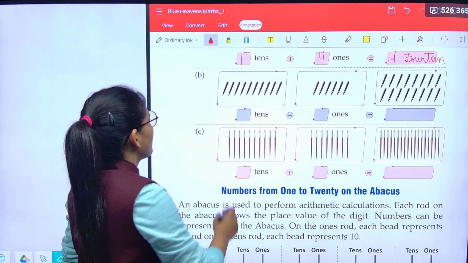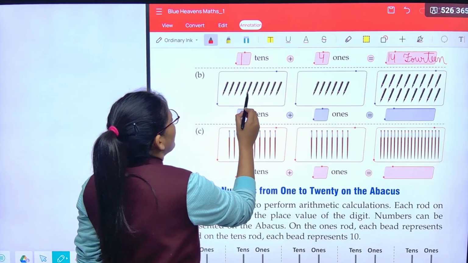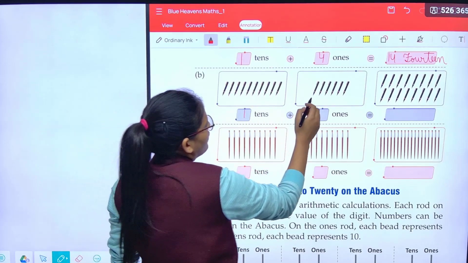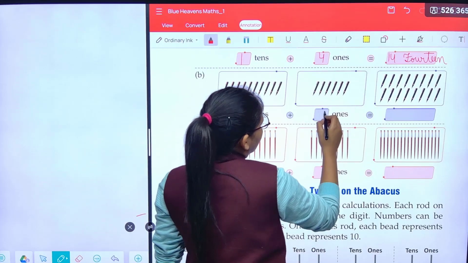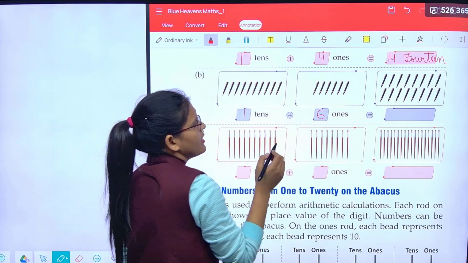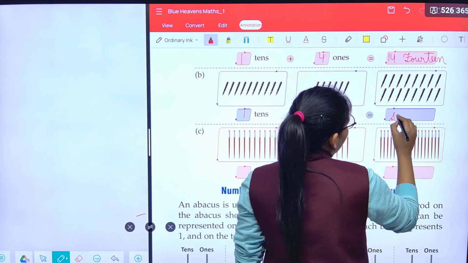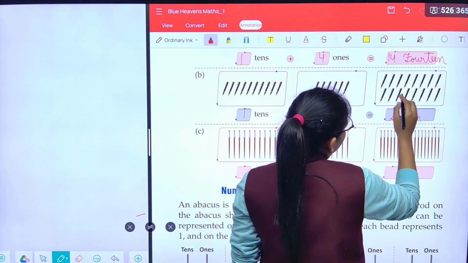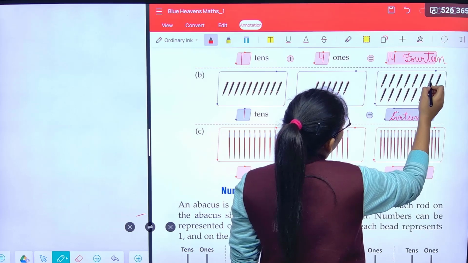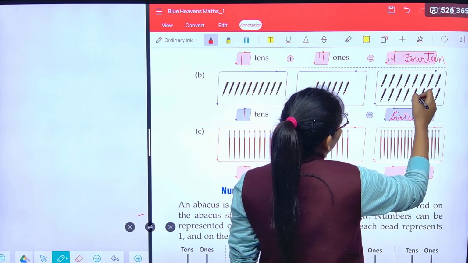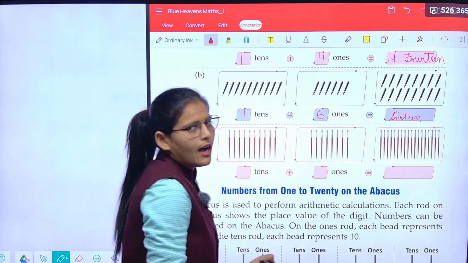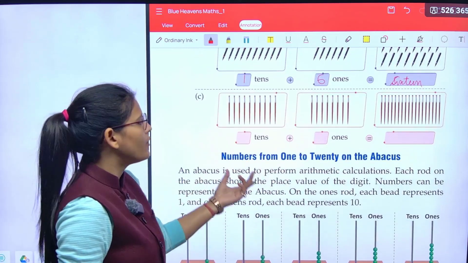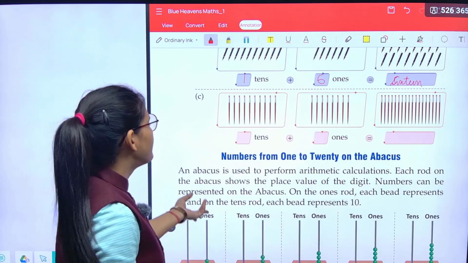Now see, 1 tens, 6 ones, it is 16. S-I-X-T-E-E-N, 16. Understand? Class, you can count them. Okay. Rest of the part, do it yourself.